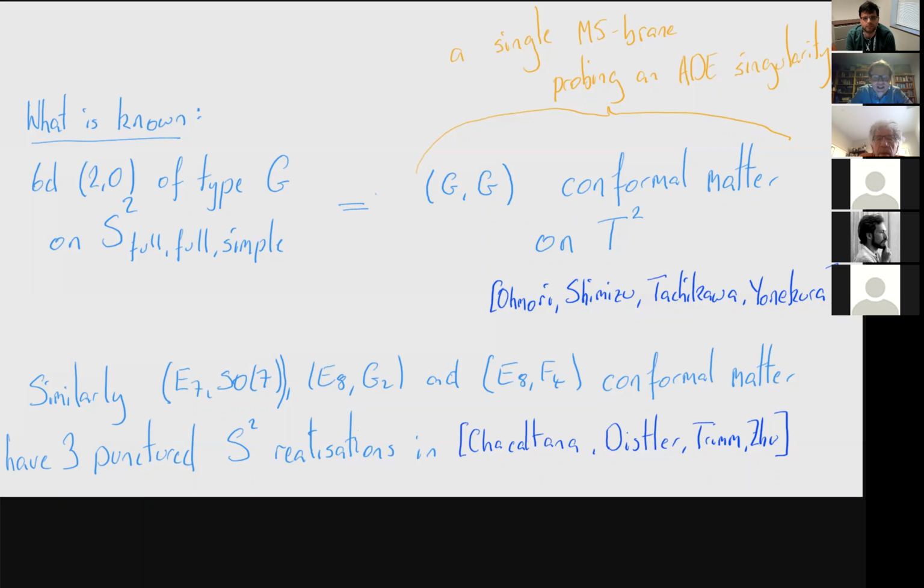So this set of examples was worked out in this paper of Ohmori, Shimizu, Tachikawa, and Yonekura. And a few more examples were worked out. Different kinds of conformal matter were worked out in this paper of Chacaltana, Distler, and Tachikawa. Okay, so that's what was known before.